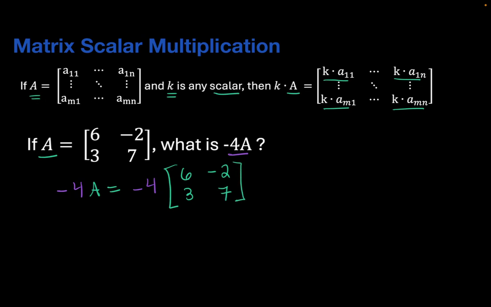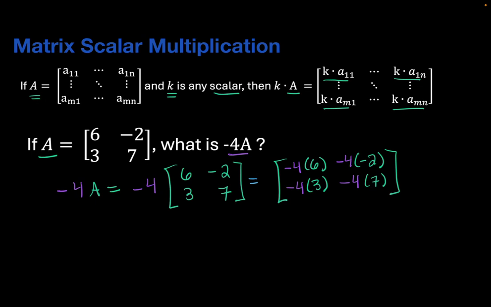And in order to find that, we just need to take -4 and multiply it by each entry in matrix A. So it would be -4 times 6, and then we would have -4 times -2, and then we would have -4 times 3, and then we would have -4 times 7.